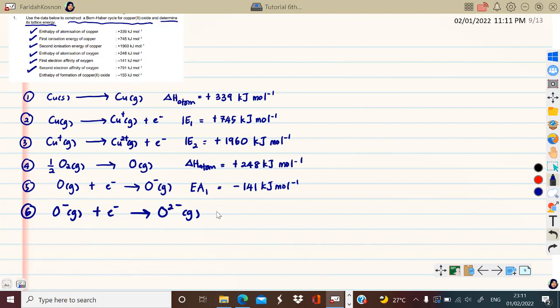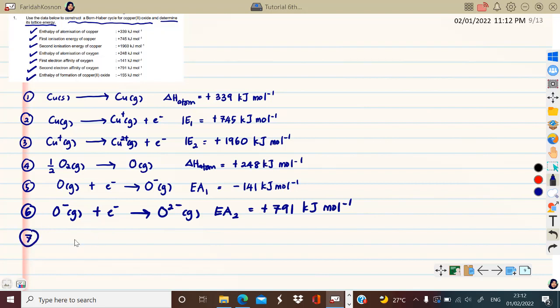The enthalpy change is called the second electron affinity, which is positive 791 kilojoule per mole. And the last thermochemical equation shows the enthalpy of formation of copper(II) oxide.